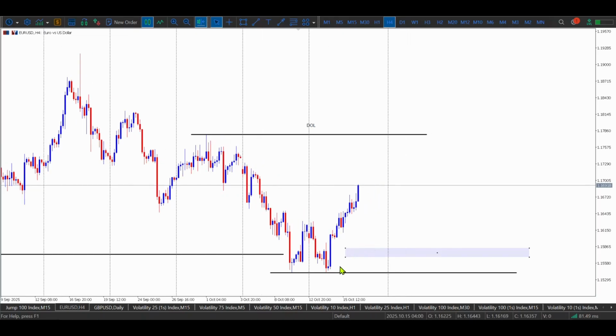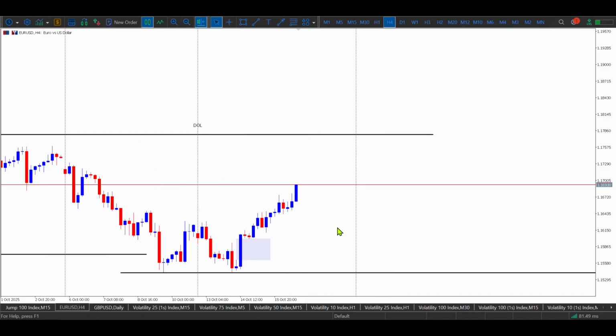Okay, now we had this fair value gap here on H4. Okay, we trade into that, inside that fair value gap on H4, and we go up, right?